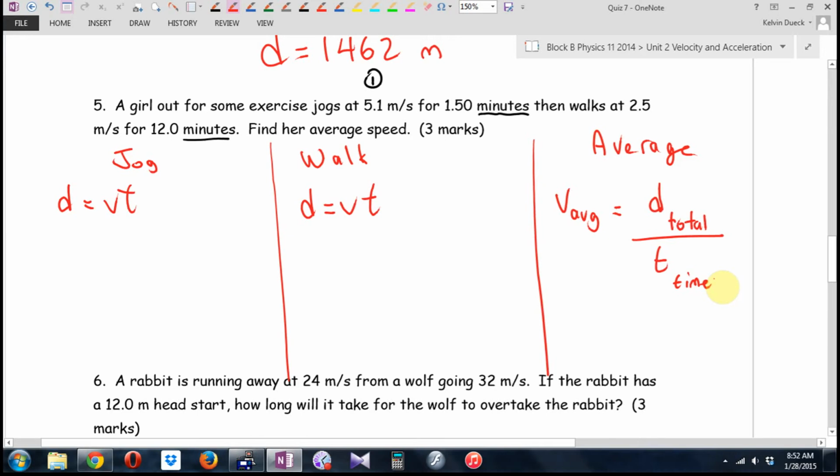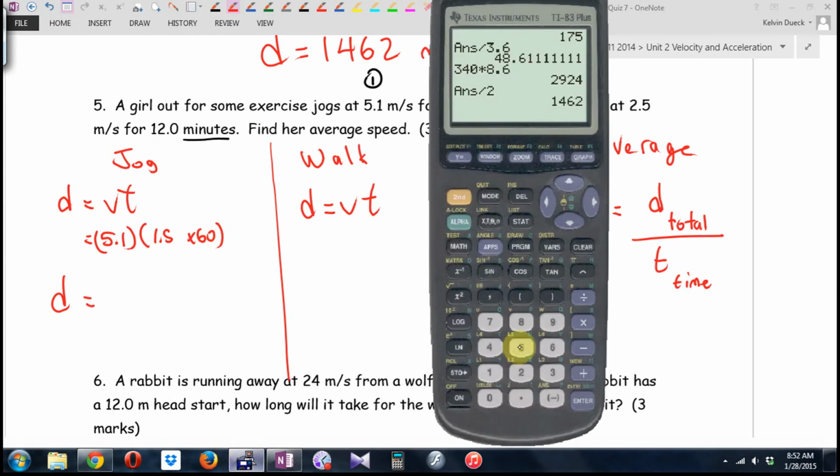So the distance traveled here is going to be 5.1, 1.5 minutes. How do I change minutes to seconds? What did we say a few minutes ago? No pun intended. Okay, so it's going to be 1.5 times 60. The distance the girl jogged, 459 meters, I think.